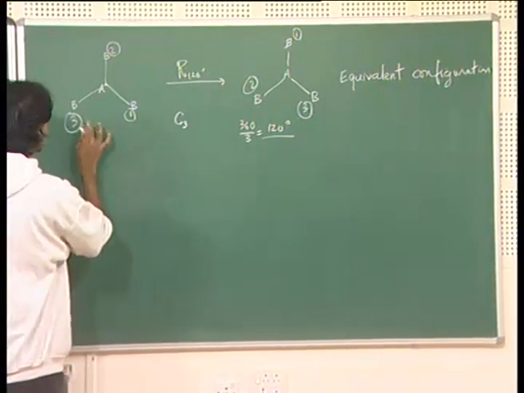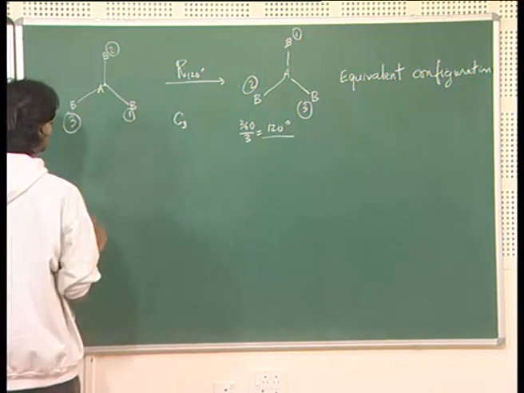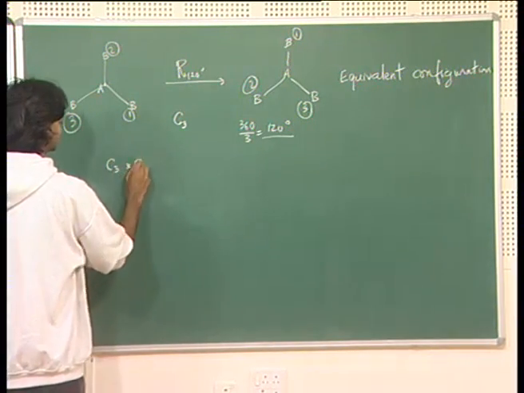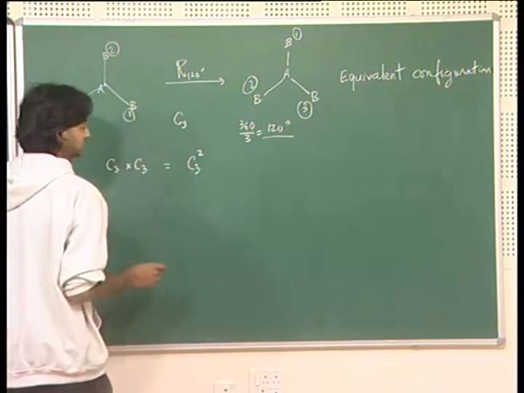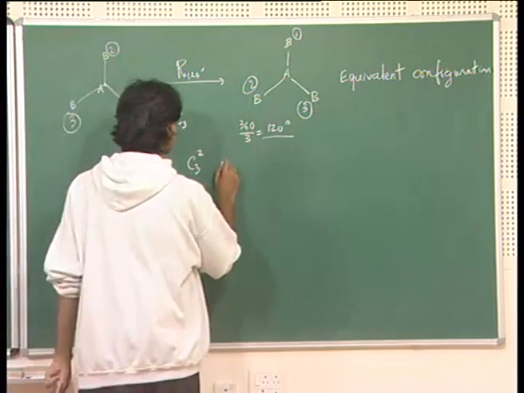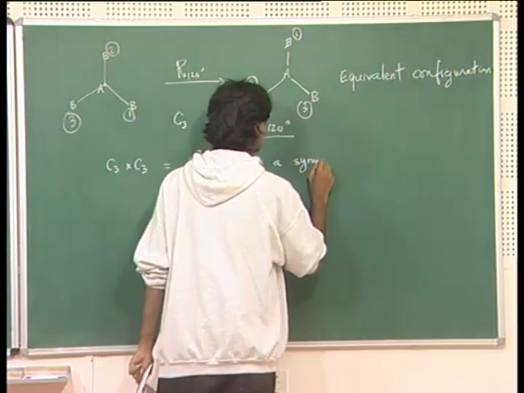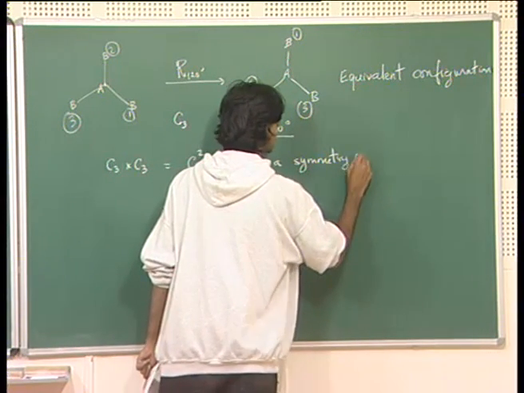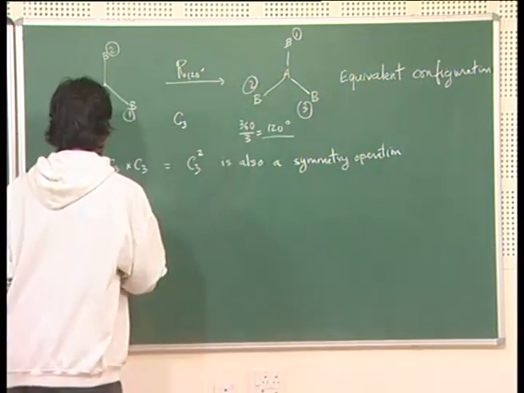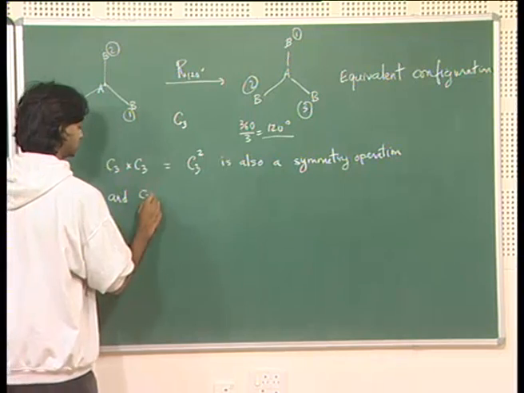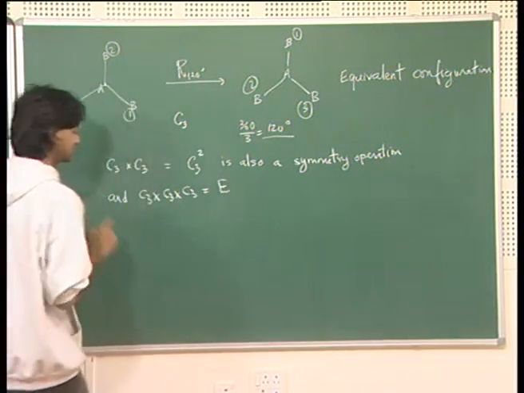Now if C3 is a symmetry operation, clearly C3 times C3, which is C3 squared, is also a symmetry operation, and C3 times C3 times C3 equals identity.